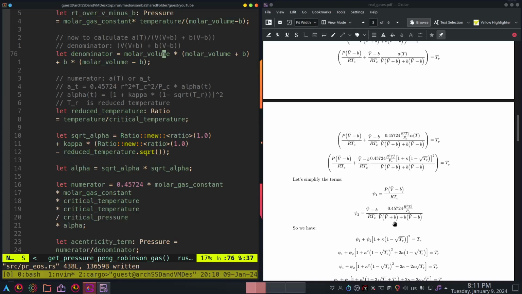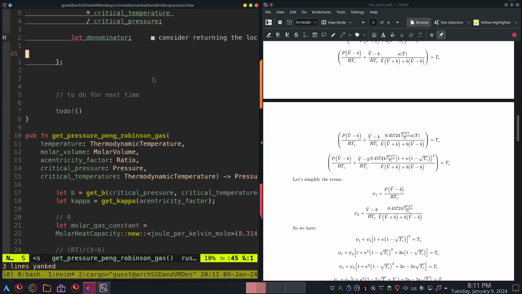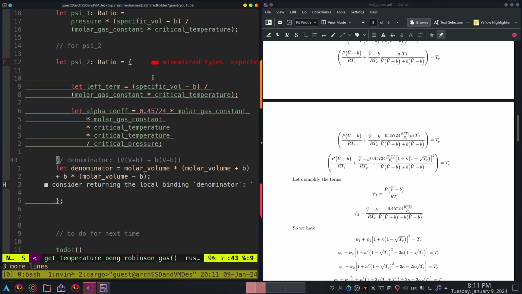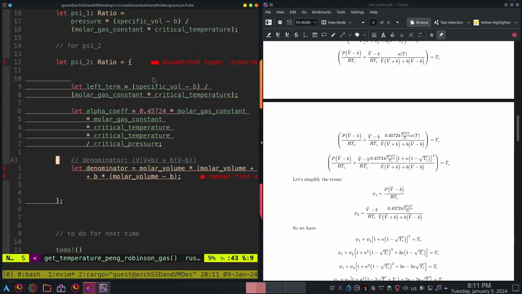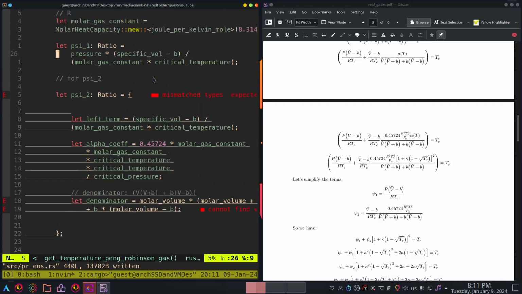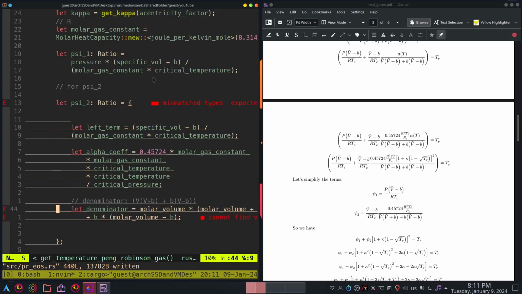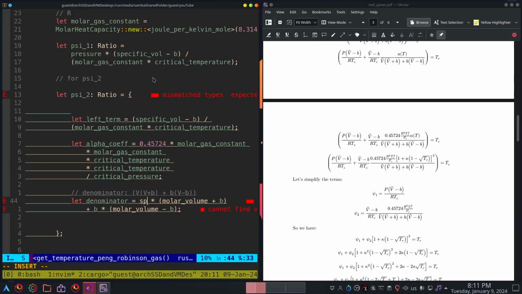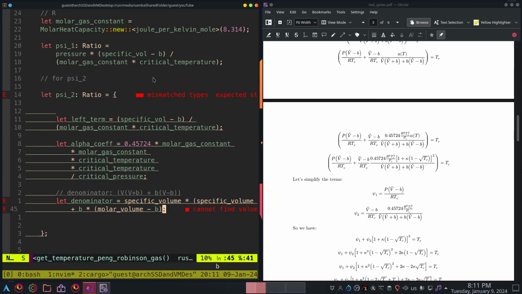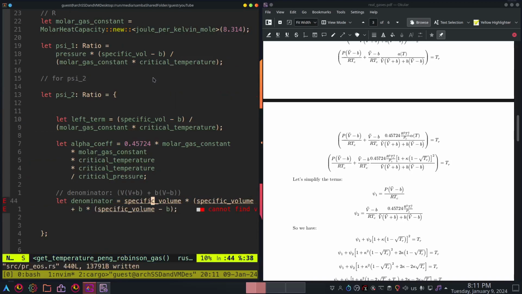Molar volume times molar volume plus B, plus B times molar volume minus B. So this is the denominator. Okay, so I'm going to do that. Molar volume and specific volume, they're the same thing. Let me do that here.